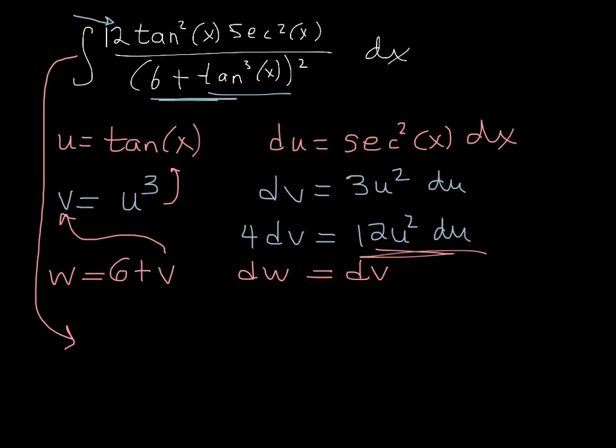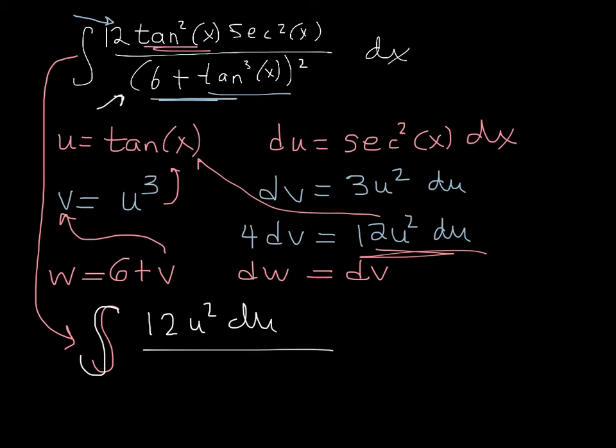Okay, so in other words, I'm working backwards, my u squared. So let's get another color here. So I'm going to have 12u squared du, and then I still have all this stuff here on the bottom, which would be 6 plus u cubed squared.